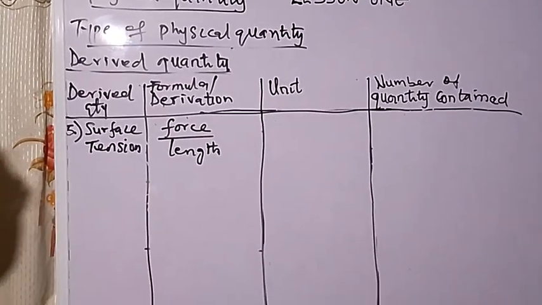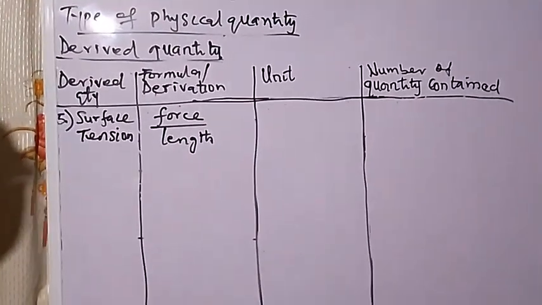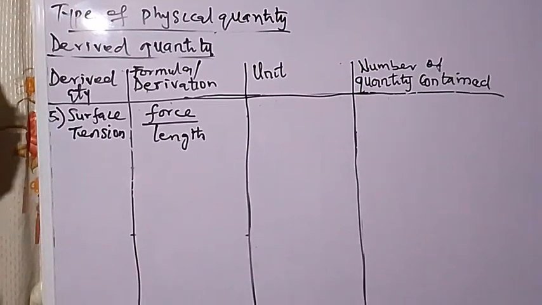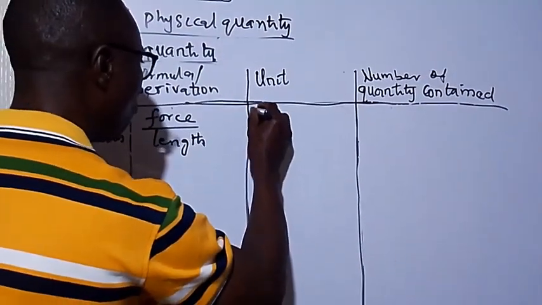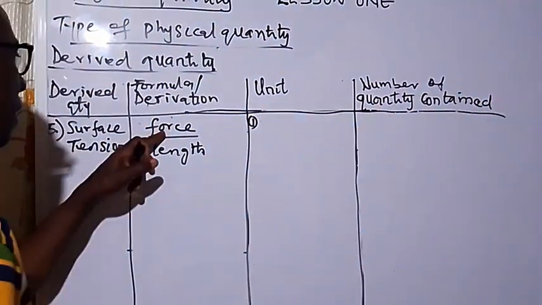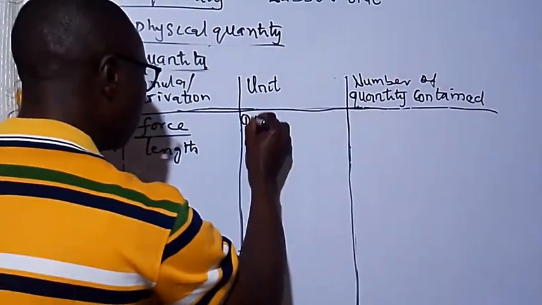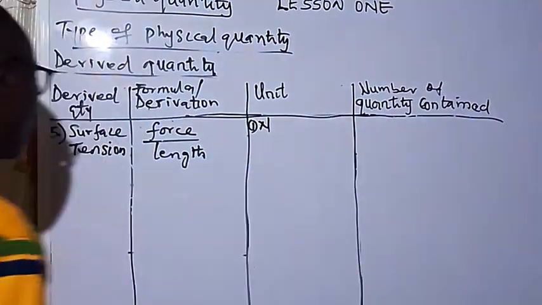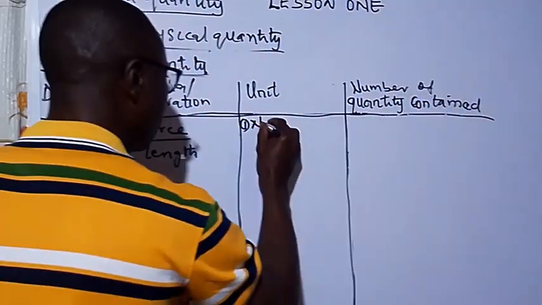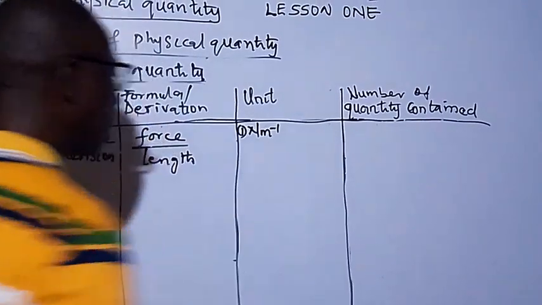It means to note the unit of surface tension, we can say that force is Newton and length is meter. So the first unit of surface tension will be Newton per meter. Take note.